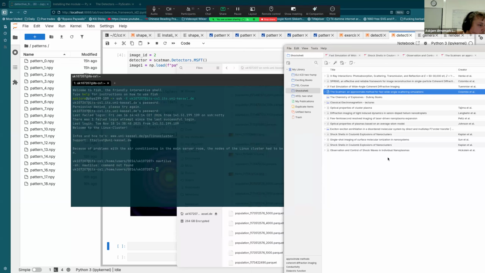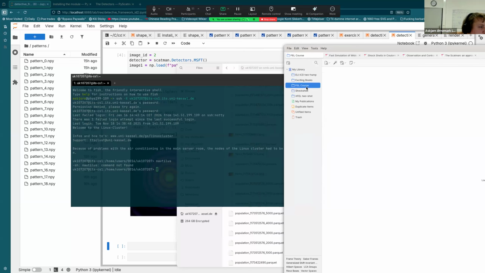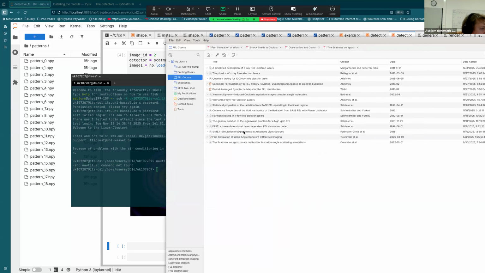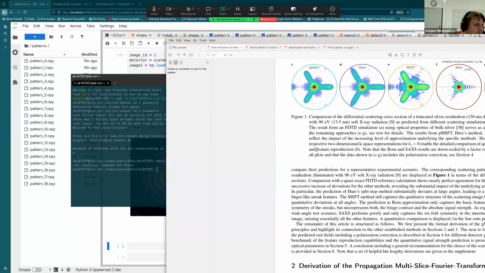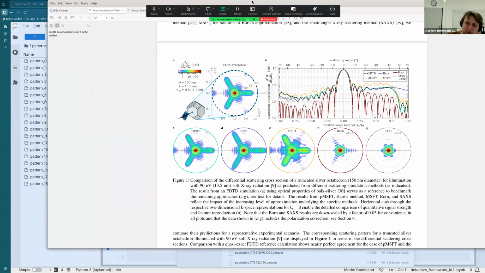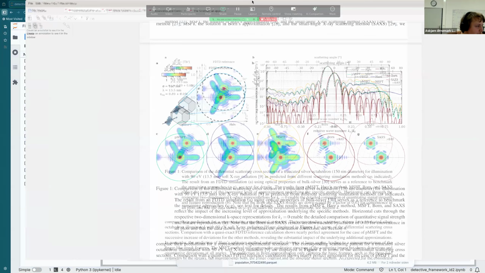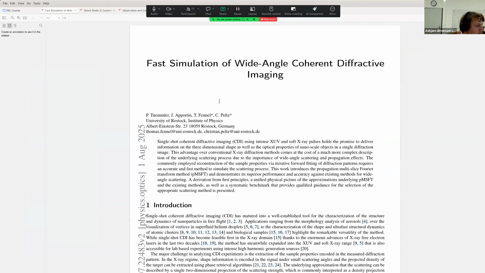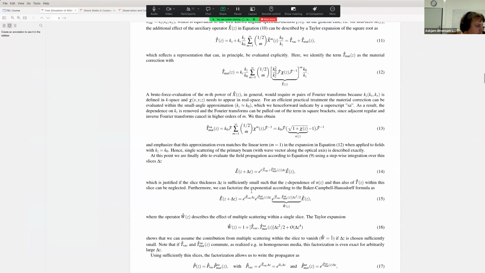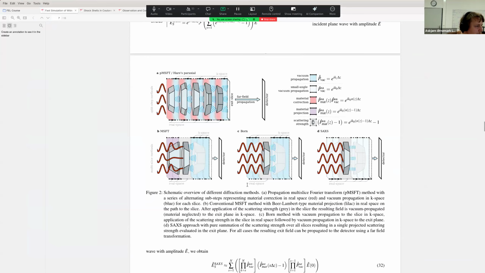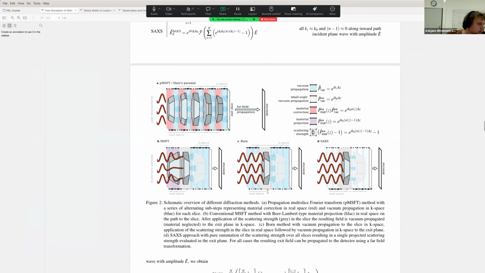And there's also a paper on a more modern technique, similar but a bit more precise, called the propagating, so PMSFT, and they have a nice little diagram of how you should think about it.